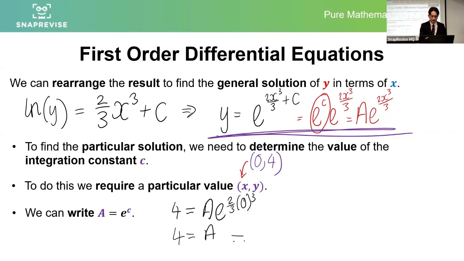So basically what that tells me, my particular solution, my final answer, is that y equals 4e to the 2x cubed over 3. So unlike the classic polynomials we do, where the plus c is what we find out tagged on the end, the plus c has got absorbed into the function in a way, but we've still stuck in the x and y values to find it.